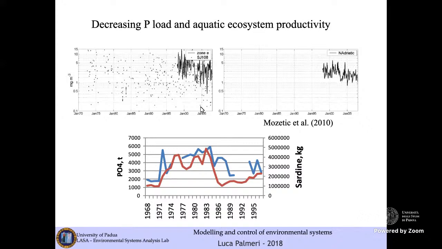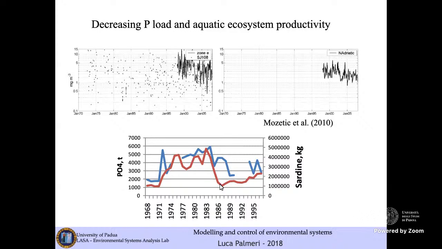So by looking at these graphs, in particular the graph concerning orthophosphate PO4 concentration in tons over the years, we see that around 1986, when the first pre-ban directive from the European Community was issued, we have a dramatic decrease of the quantity of phosphorus discharged into the Adriatic Sea.